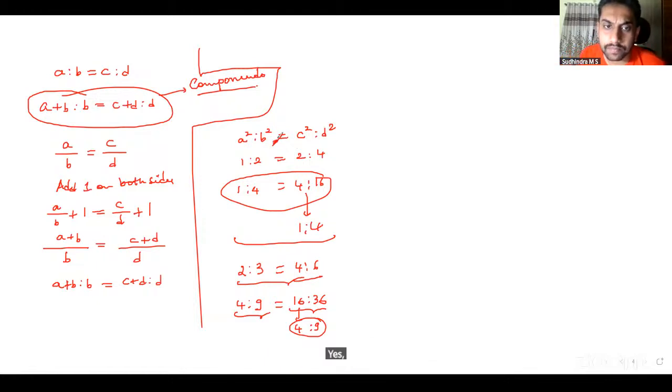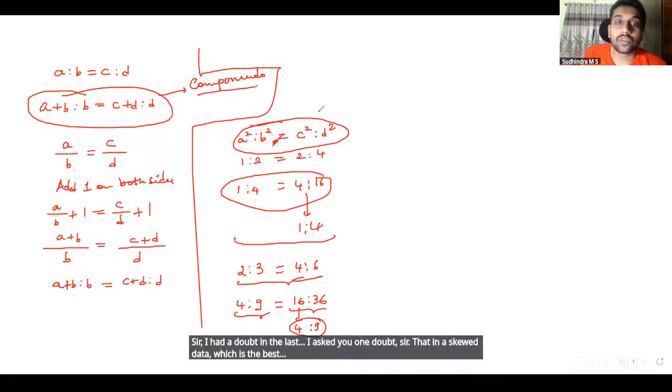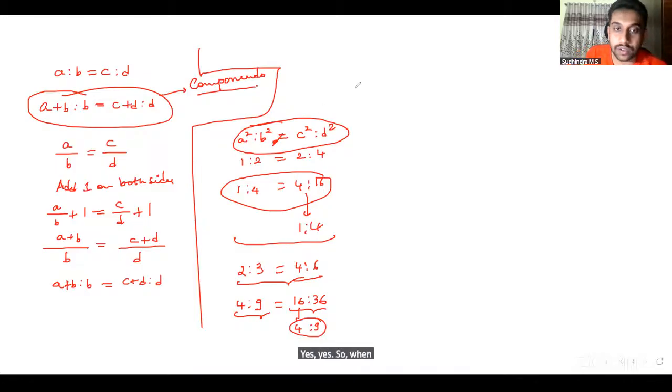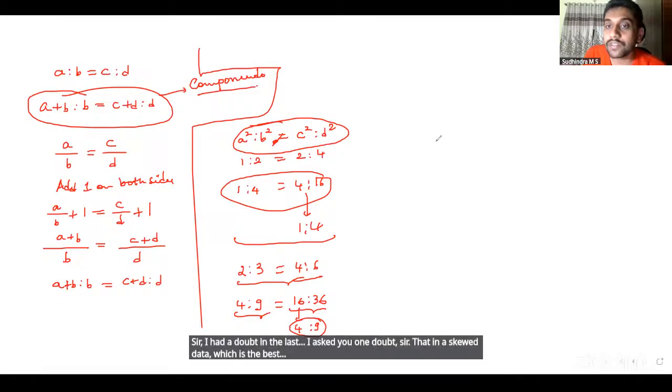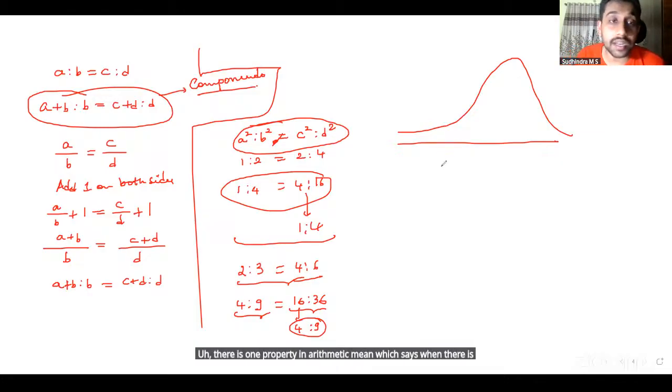Yes, Anna. Sir, I had a doubt in the last. I asked you one doubt, sir. In skewed data, which is the best? When there is a skewed distribution, when it is not symmetric, which is the best method? There is one property in arithmetic mean which says when there is fluctuation in the data, arithmetic mean might not be the accurate one.